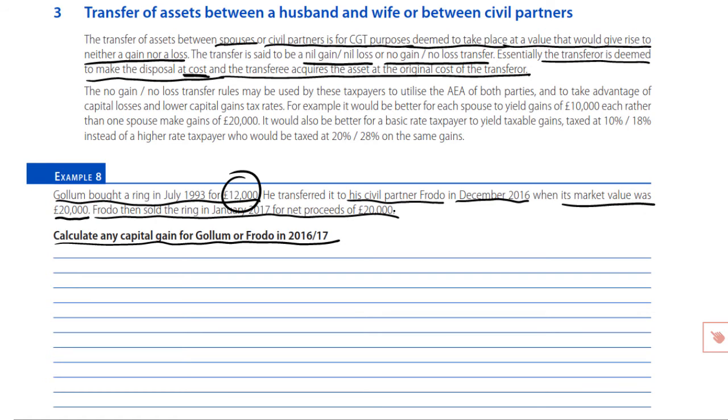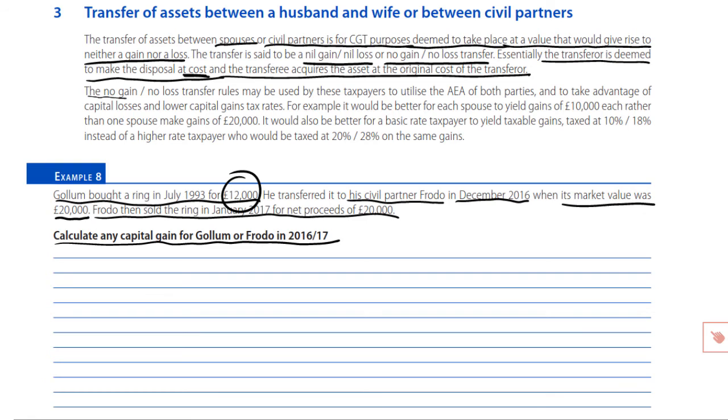But the fact that these no gain, no loss transfers do and will apply does actually leave us with an opportunity to use no gain, no loss transfers to improve the tax position of the spouses or civil partners, i.e. to reduce what would otherwise have been their overall joint tax liability.